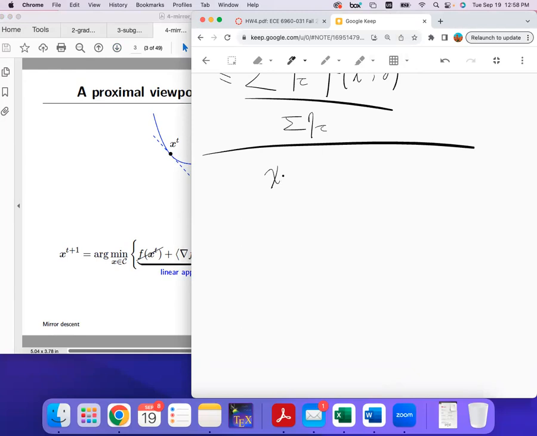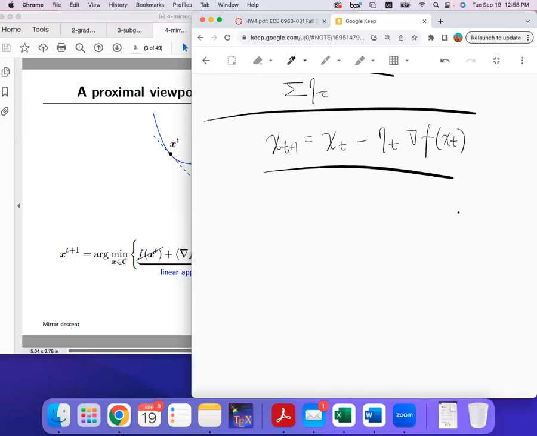This is the update rule. x_{t+1} equals x_t minus eta_t gradient f(x_t), right? This is the very basic gradient descent update. But in fact, this algorithm has a very nice interpretation.